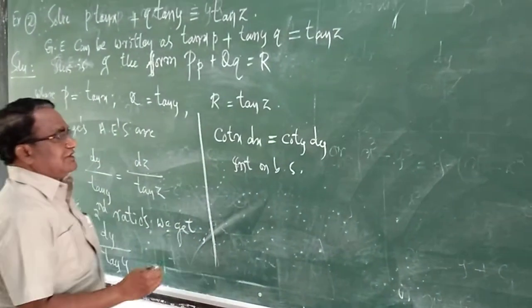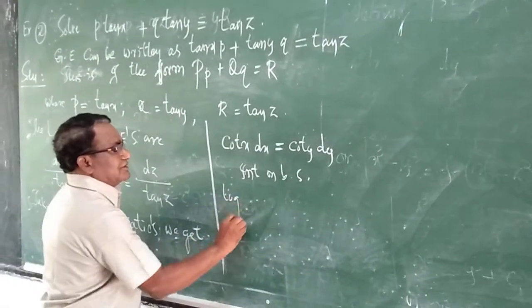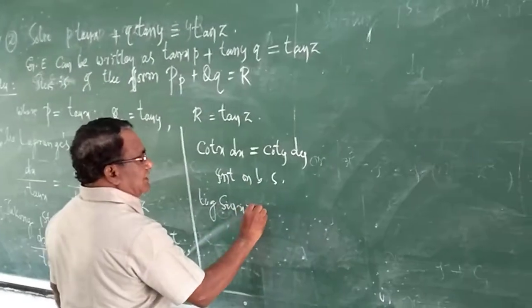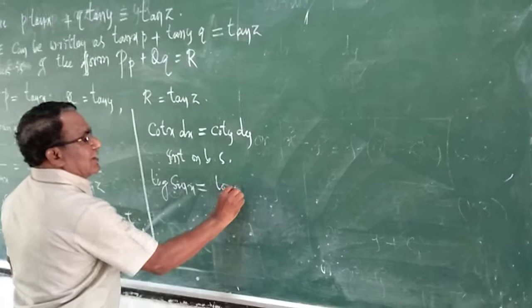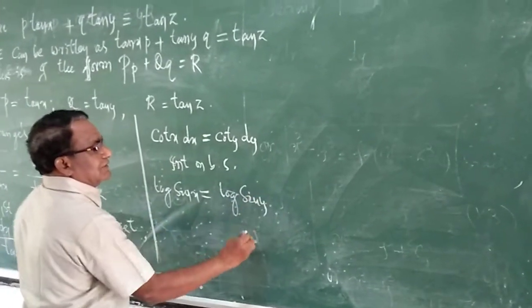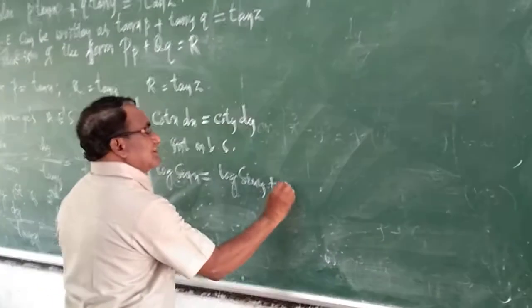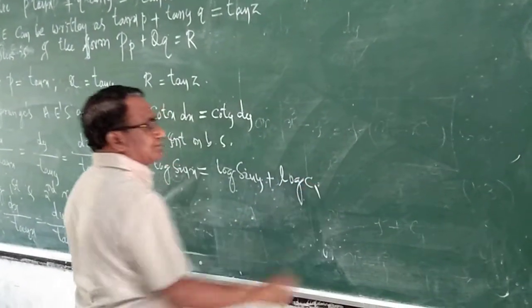Integrating on both the sides, integration of cot x is log sin x. Integration of cot y is log sin y, plus, as a constant, you can take log c1.